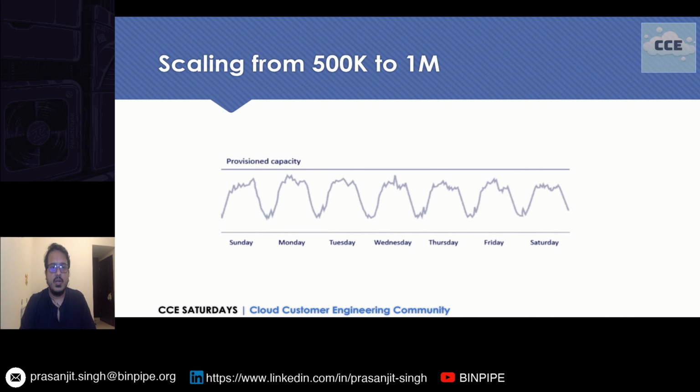Let's take a look at this graph. So what happens, say for example, this is a CRM website which employees use. So you will see at a particular time there are peak requests, and at night no one is accessing the CRM, then it goes down.